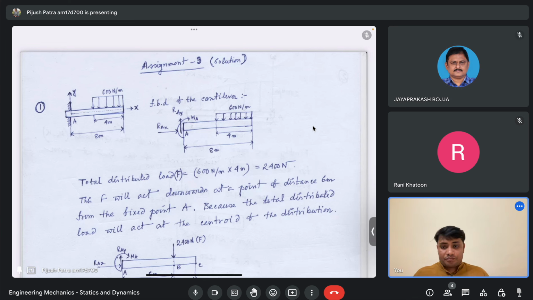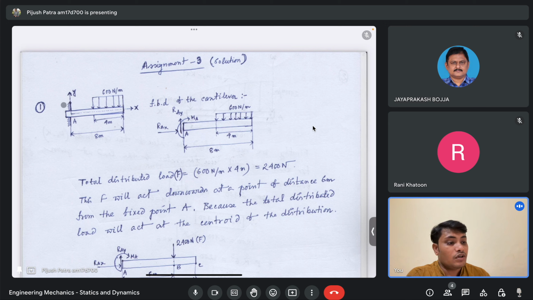So, as I said, the problem is like this. You have a cantilever beam of length 8 meter, and from the end of that cantilever beam over a length of 4 meter, you have a uniformly distributed load of 600 Newton per meter, and this is your built-in end.